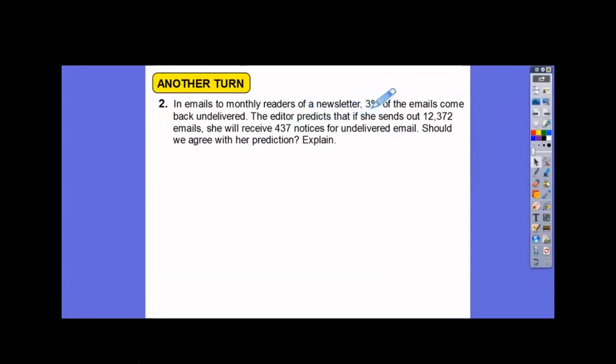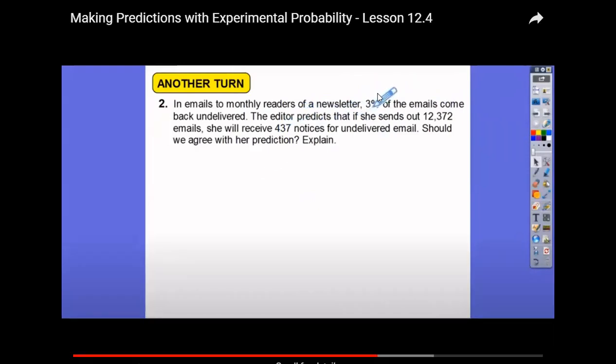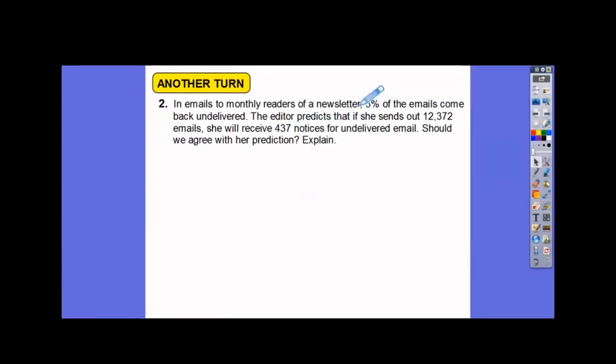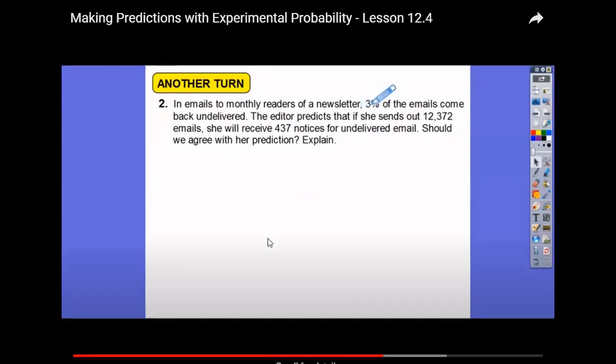And we want to explain. Then we will explain now. We have how many percent? We have 3%, right? Then we will calculate 3% of 12,372, or 0.03 times 12,372. It will give us the answer.